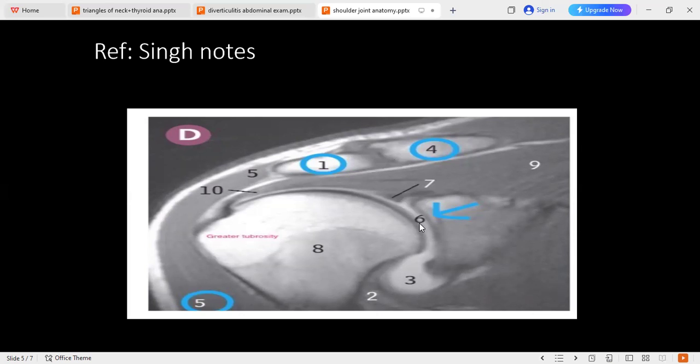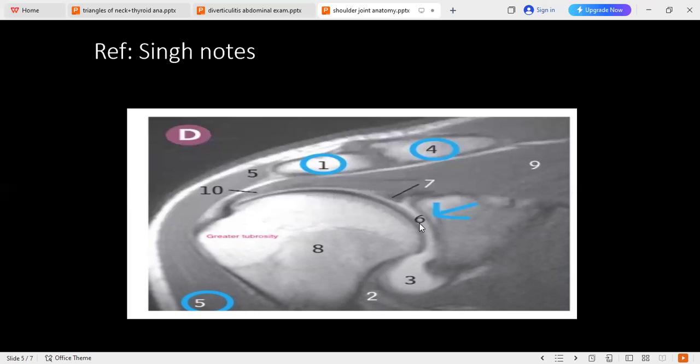Now I want you to tell me the territory of supply of the axillary nerve. The axillary nerve arises from the posterior cord of the brachial plexus.